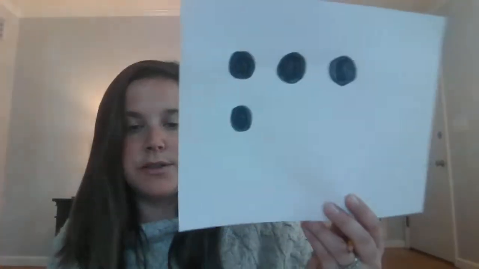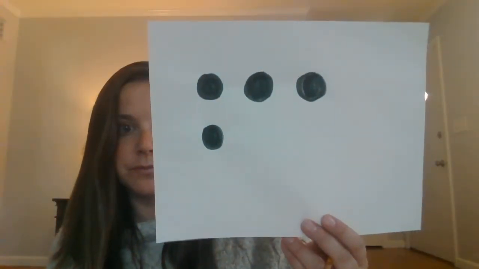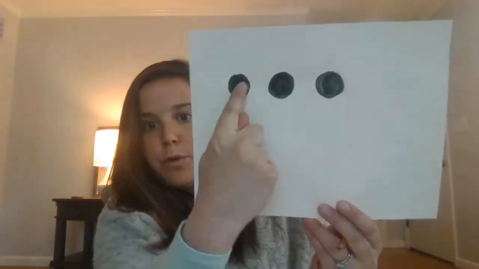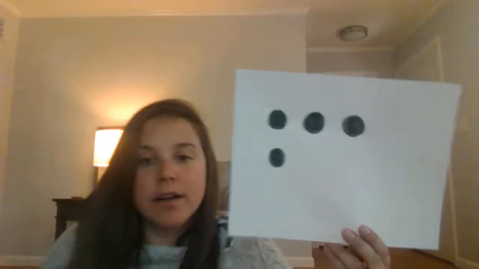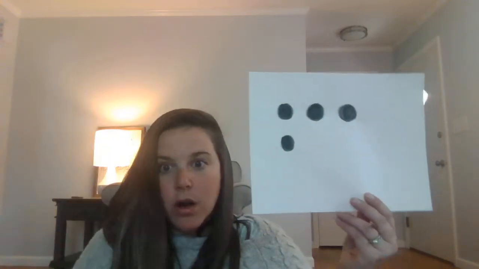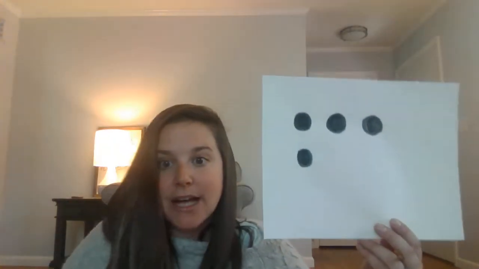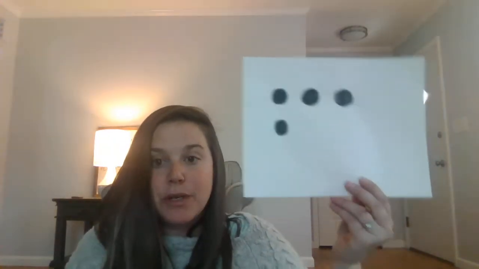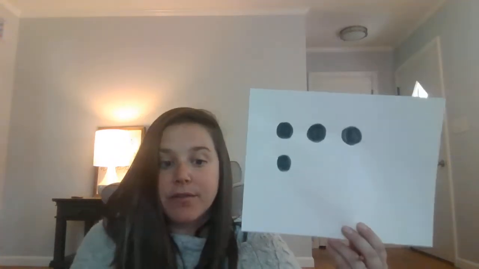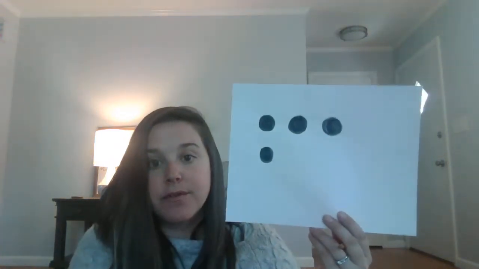All right, I'm going to show you another dot card. We're going to do 2 more problems here. All right, let's go with this one. Ready? How many dots do you see? 1, 2, 3, 4. 4. So you've got 4 counters, 4 dots. How many more do you need to make 5? We can count on from 4.